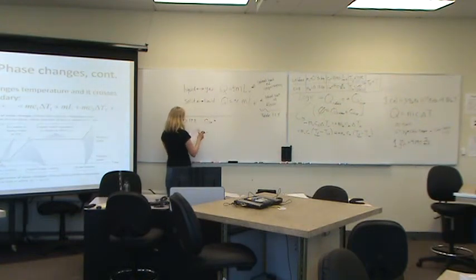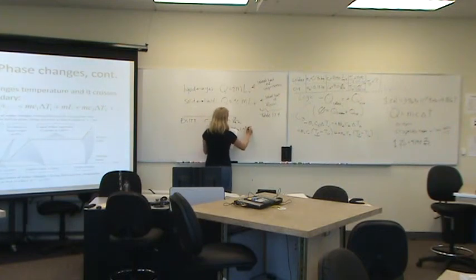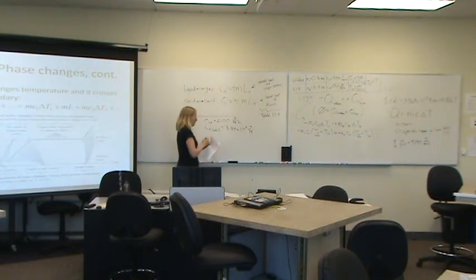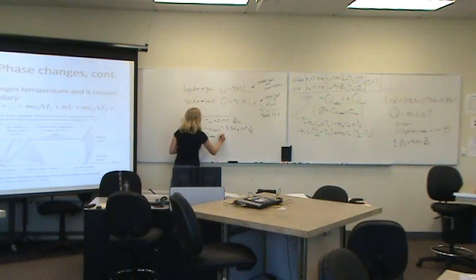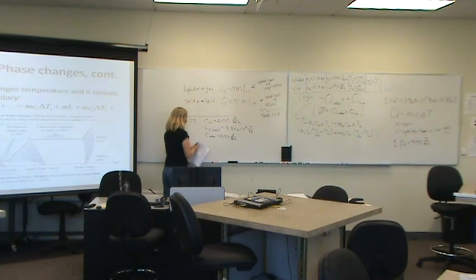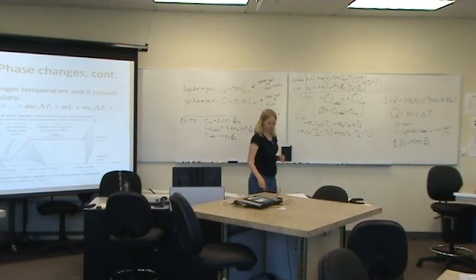The specific heat of ice is 2100, and the latent heat of fusion for water is 3.34 times 10 to the 5th. All right, give that a try for a few minutes, and we can talk about it if people get stumped.